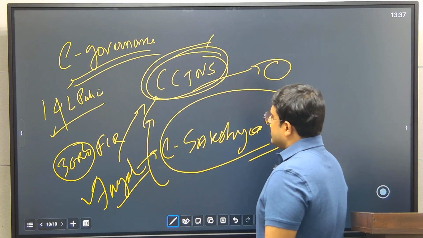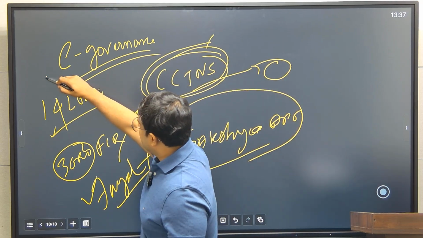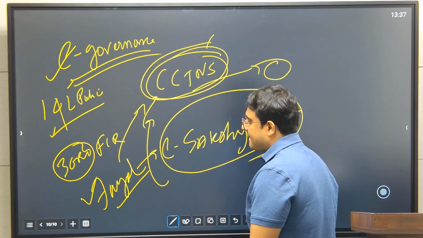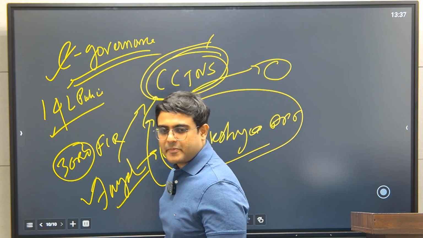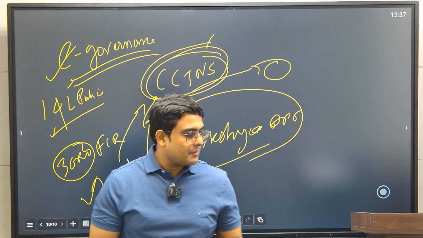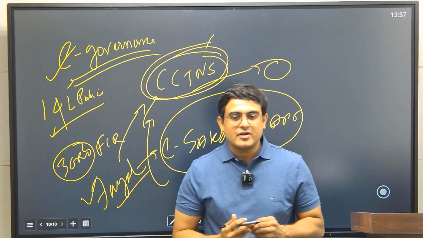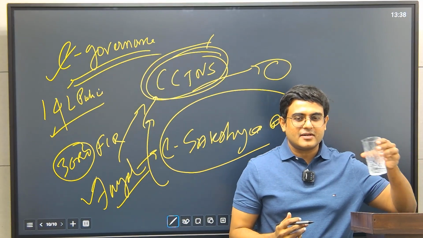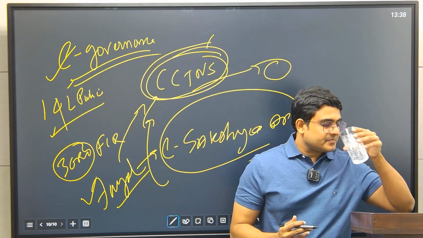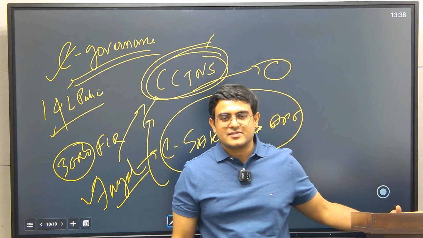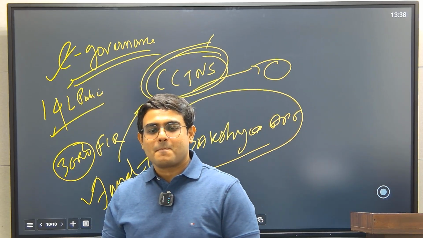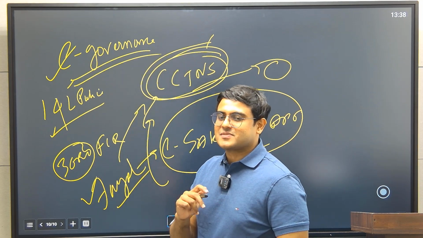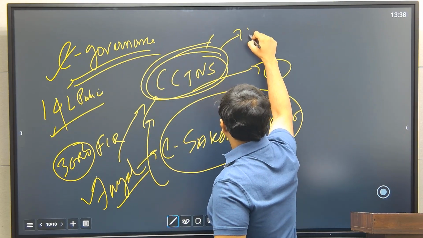Okay, this is one aspect: e-governance. And also, what is this CCTNS? A big database of all the crimes happening in our country. This also promotes the utilization of Management Information System, MIS.